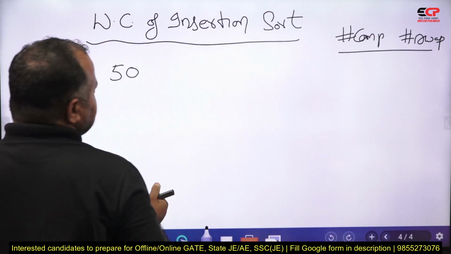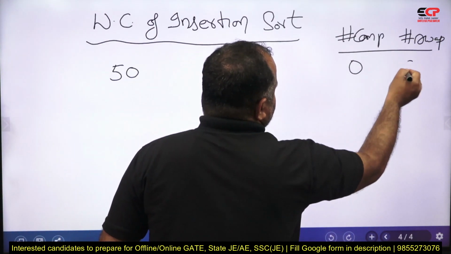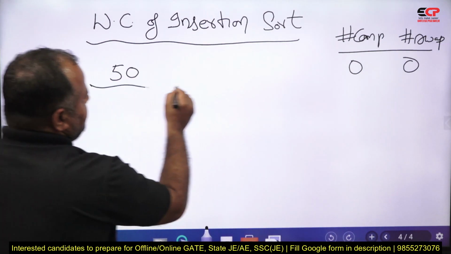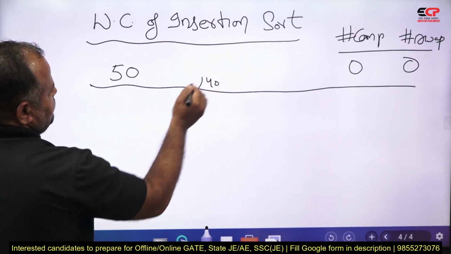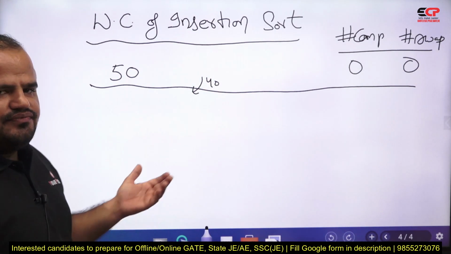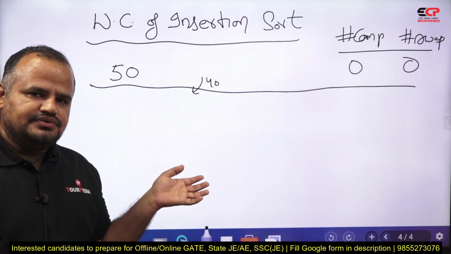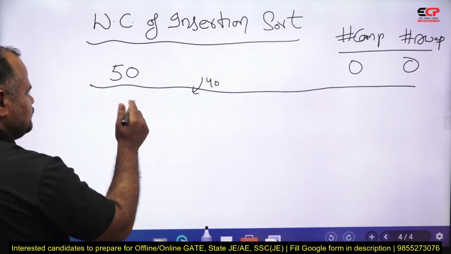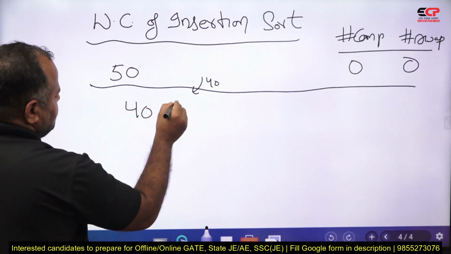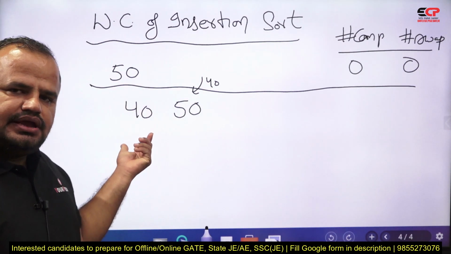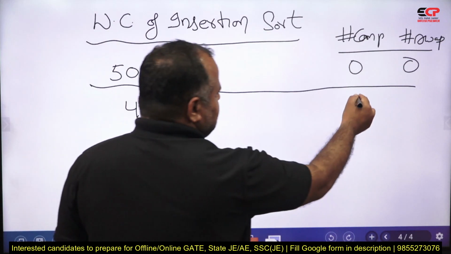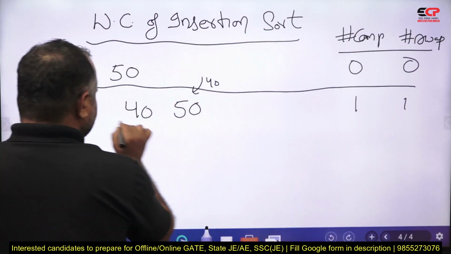So for the first element, 0 comparison and 0 swap. Suppose the second element is 40. For that we have to compare 40 and 50. As 40 is less than 50, we need to swap these two elements, so 40 and 50. So we compare 40 with 50 and perform one swap. So one comparison, one swap.